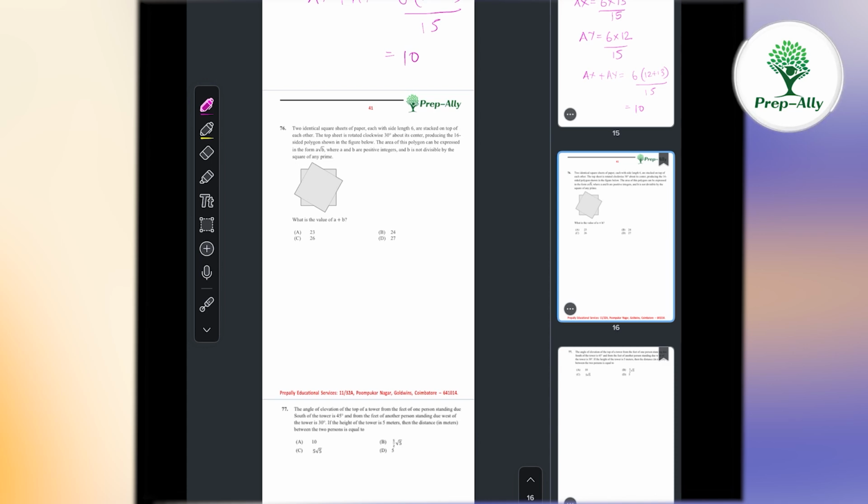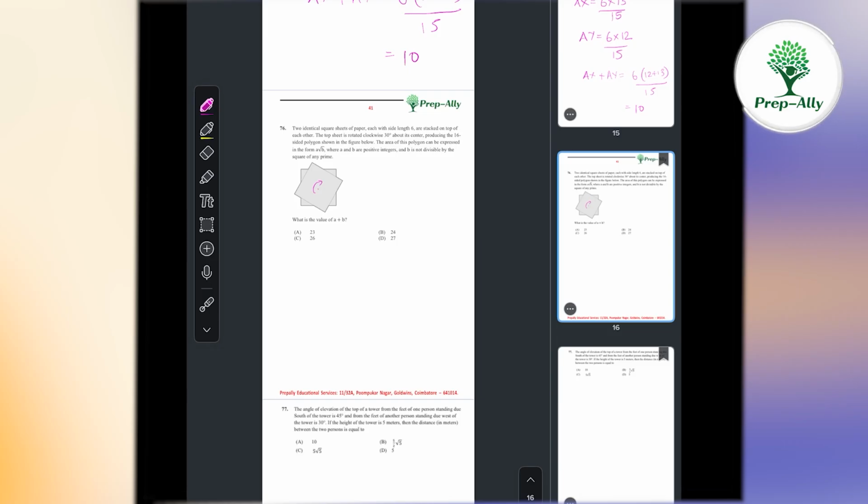Alright, in question 16, we're given two identical square sheets of paper, each with side length 6, stacked on top of each other, and about its center the sheet on top is rotated clockwise 30 degrees, right?